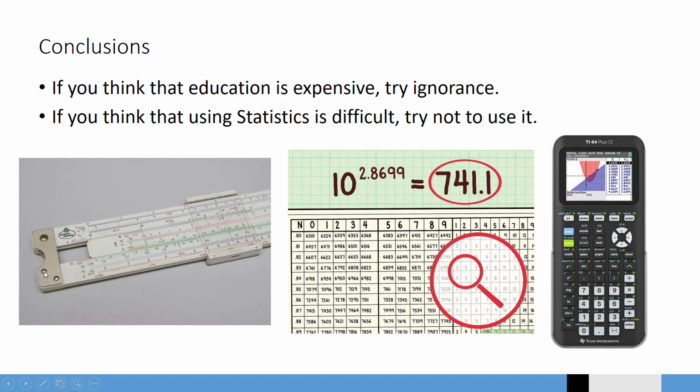And before the tables, we had these calculating rules, which were even more difficult to use. So statistics is this fancy calculator, very powerful. You can do a lot of analysis, but it is more difficult to use.